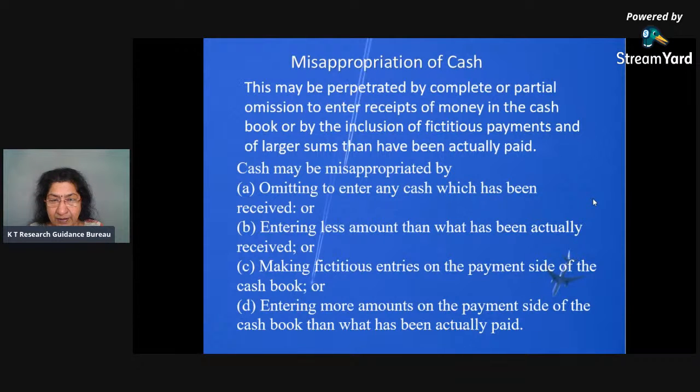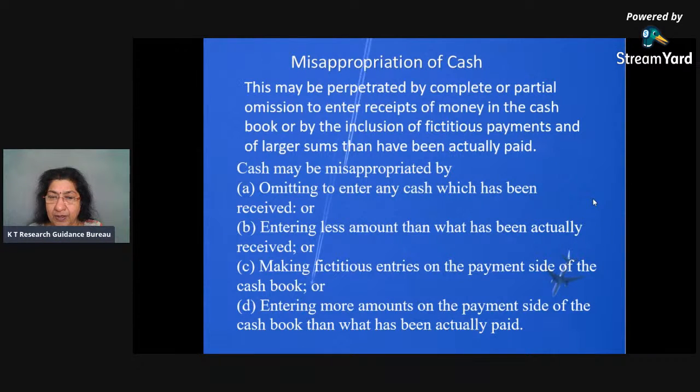Means actual received is more and entered as a little bit less amount.